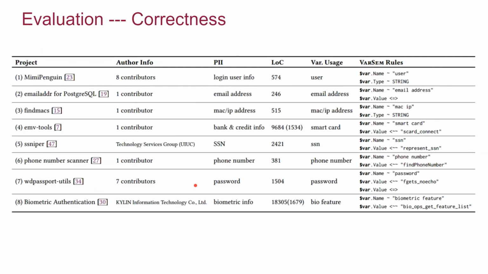Let's look at our evaluation. The first one is correctness. To evaluate correctness, we include 8 real-world projects. These projects access several kinds of personal information, such as SSN, phone number, password, etc. And we write VarSem rules and programs to identify the variables that store this personal information.